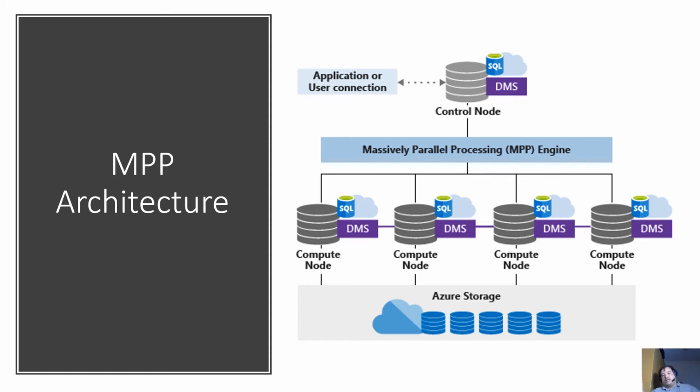It's a generic MPP architecture, so you can have an initial idea about how it works. The idea is that one application will send a request to a control node. What is this request? This request is a SQL query. The control node will break the request among many compute nodes.